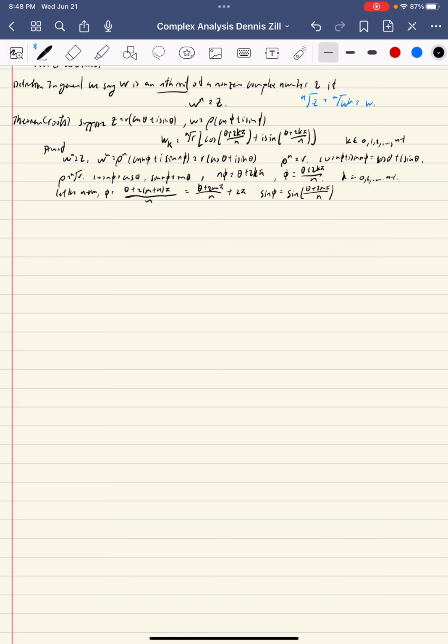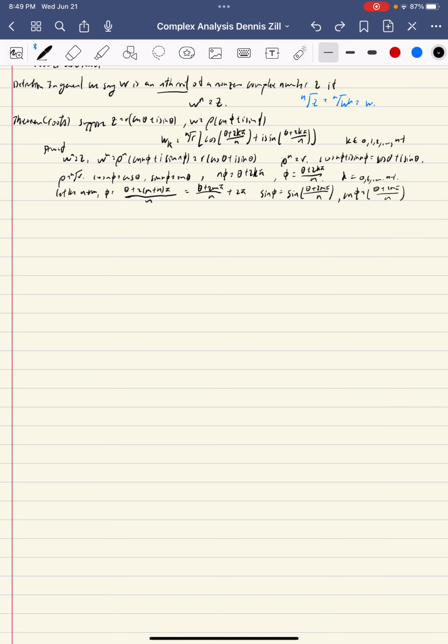And we can set this term equal to 0, right? Because 2 pi is really the same thing. So now we just found the minimum, right? And cosine of phi is equal to (theta plus 2m pi)/n, right? Because if you add 2 pi over here, it's the same thing.